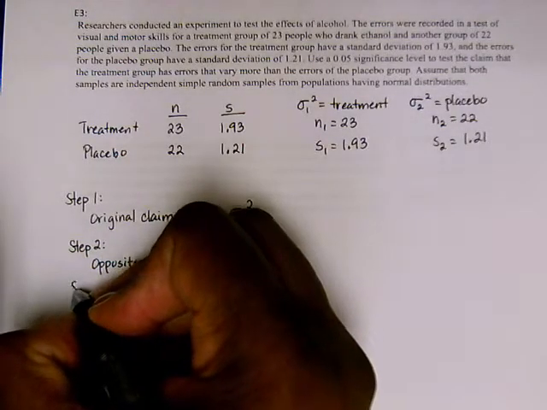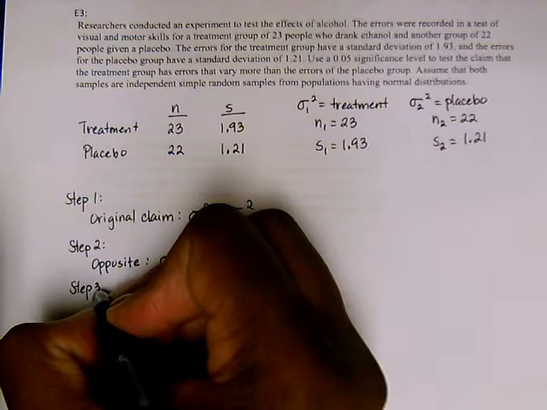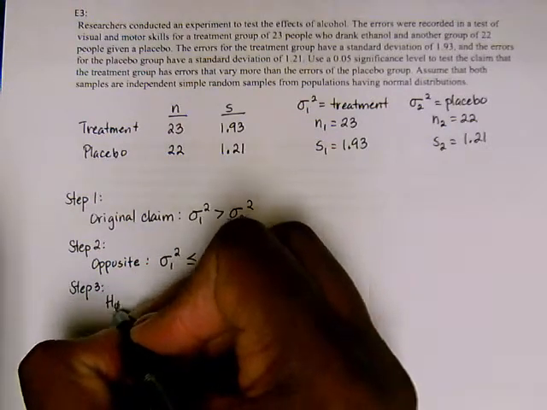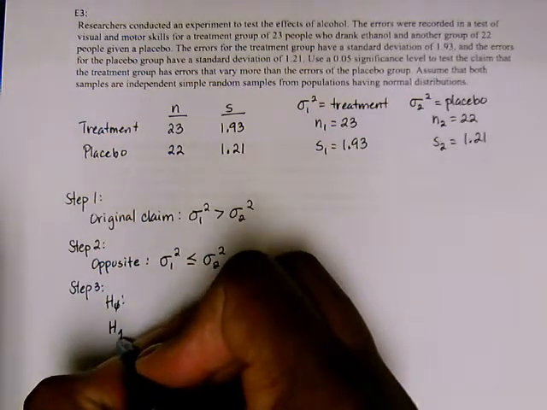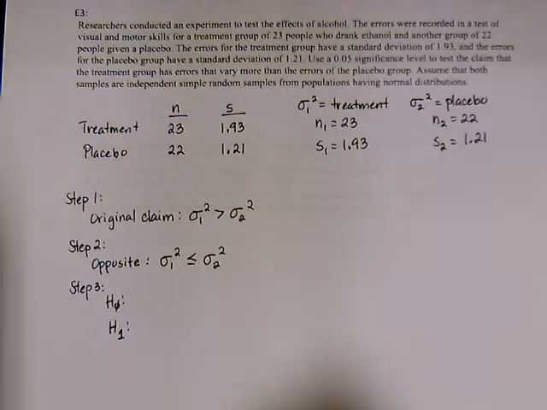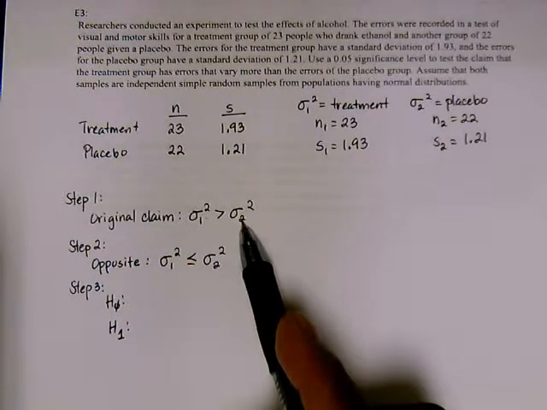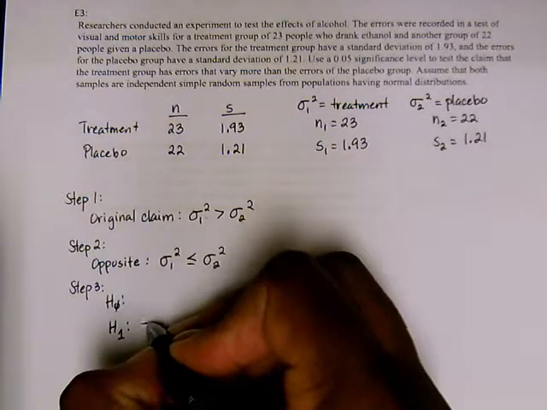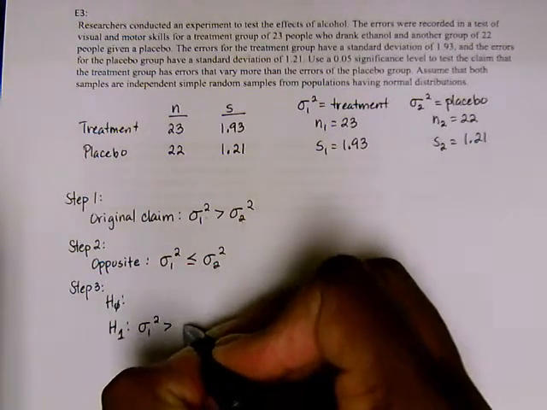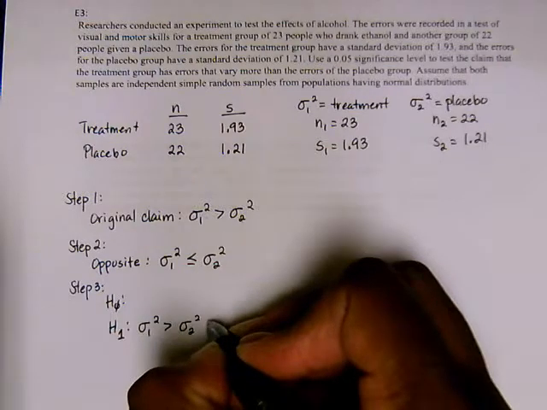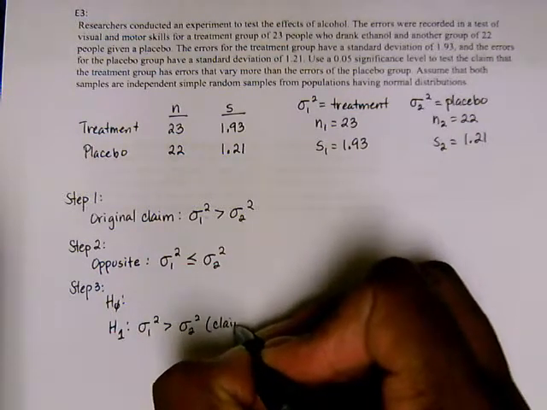And then step number 3 is writing the null and the alternative hypothesis. The one that doesn't have the equality in it is this one right here. That's your alternative hypothesis. So here sigma 1 squared is greater than sigma 2 squared. That's the claim.